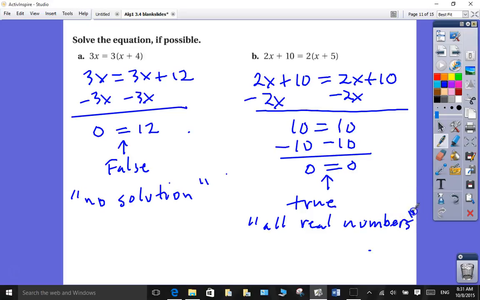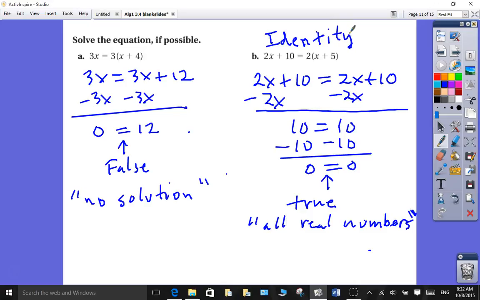What they're trying to get at in this book is that when you have something that's true for all real numbers, it has a name. It's called an identity. So this equation is an identity because it's always true, for any value you plug in.